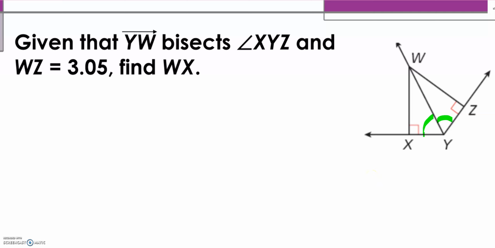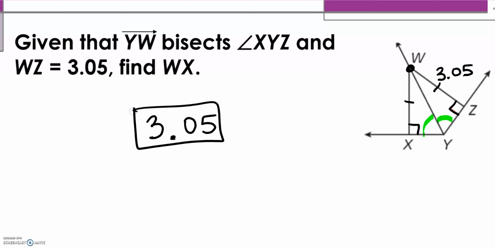And what that means is this point W on that angle bisector, well, notice it turned out to be the same perpendicular distance away from X as it is from Z. So if WZ is 3.05, then WX is 3.05. Next page.